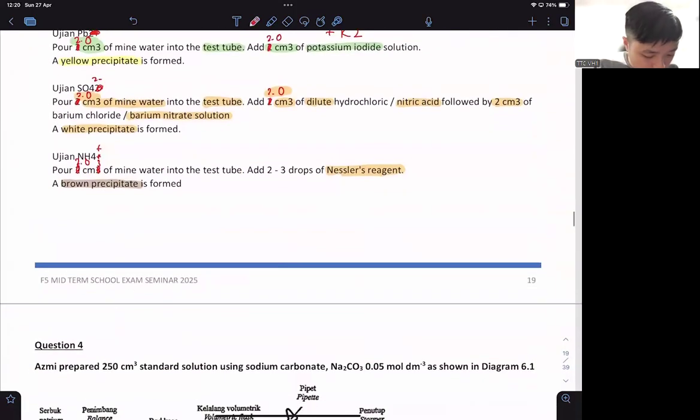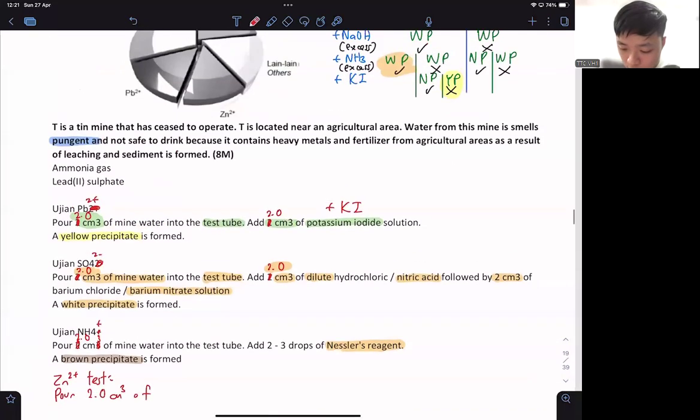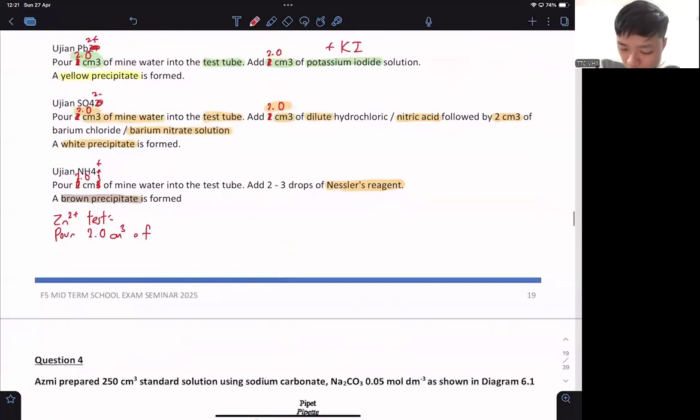So if I got the zinc ion test, what I do is you pour 2.0 cm cube of, let's say this one is also your mine water, example, into the test tube.